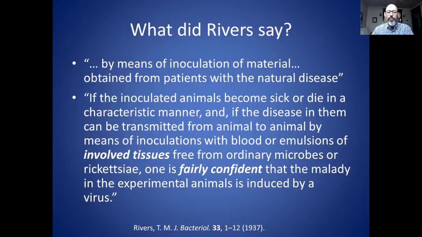So in other words, give them a bodily fluid that has been filtered so that there are no other organisms in it that can confuse the issue. It has to be purified. He says one is fairly confident that the malady in the experimental animals is induced by a virus. So basically what he's saying is, if you apply his criteria, it's not certain, but you can be fairly confident that the virus causes that disease.